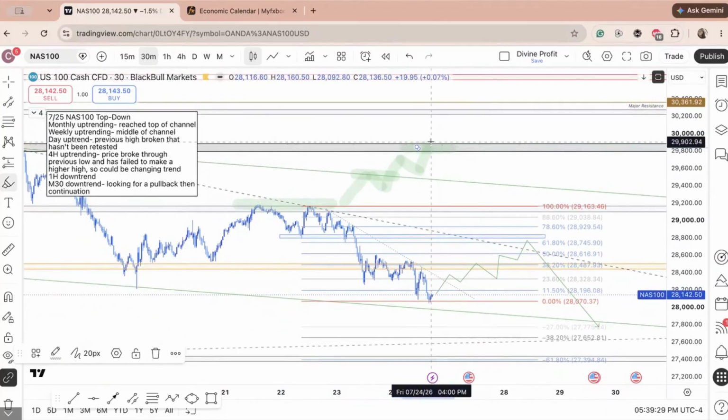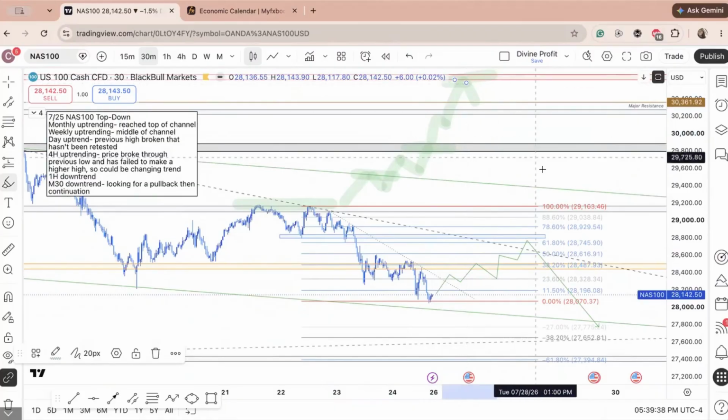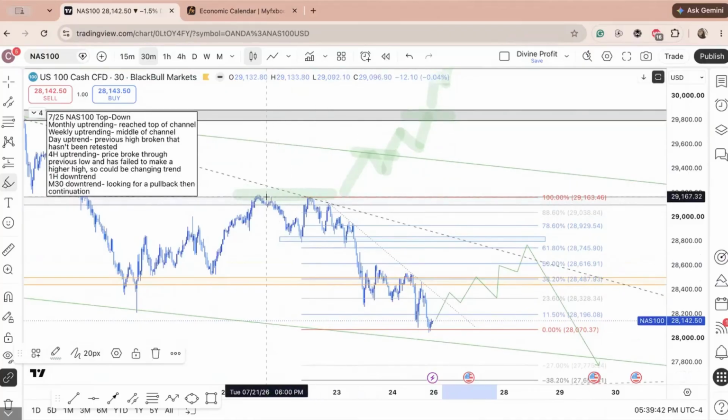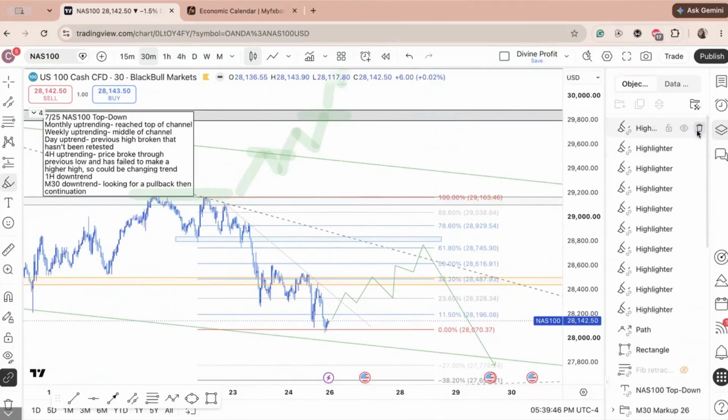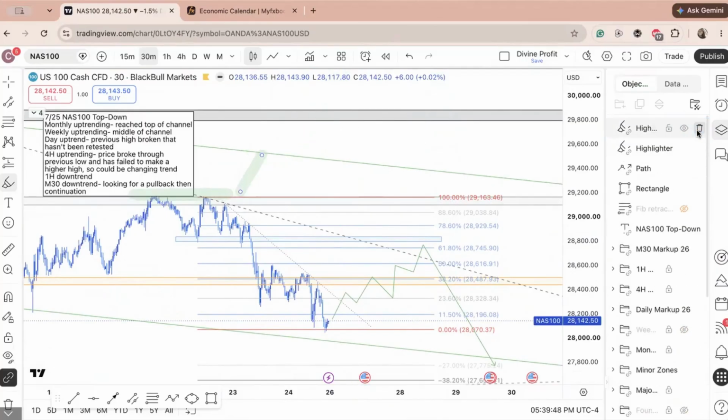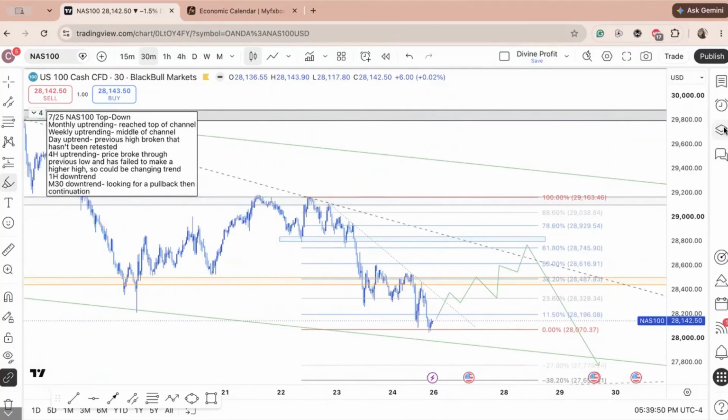But I really wouldn't be buying beyond that all-time high, because you don't know how far price is going to go. But there is a possibility price could move to the upside if we do break that previous high point. But if that level is respected, then I will continue to look for sales until I get that break of structure. If I don't get that break of structure, then sales are the go.